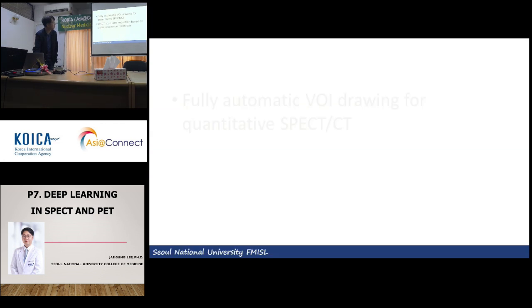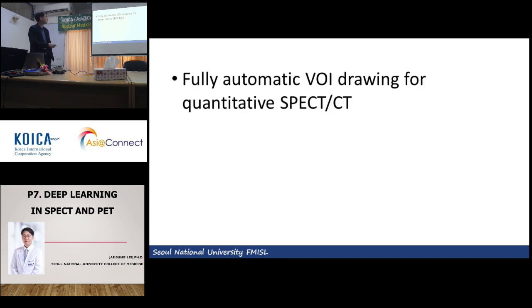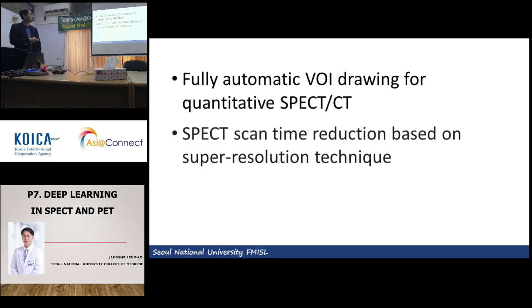Actually, I'm going to touch mostly three different topics. The first one will be fully automatic volume of interest drawing for quantitative SPECT/CT. The second one will be SPECT scatter reduction, based on a deep learning based single image super resolution technique.